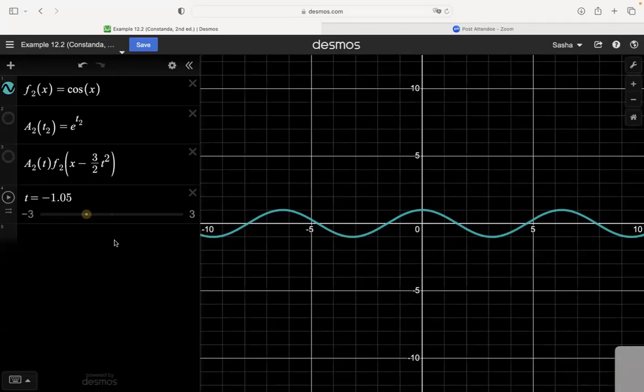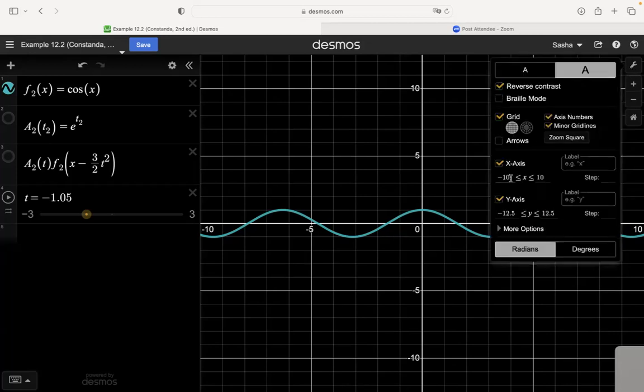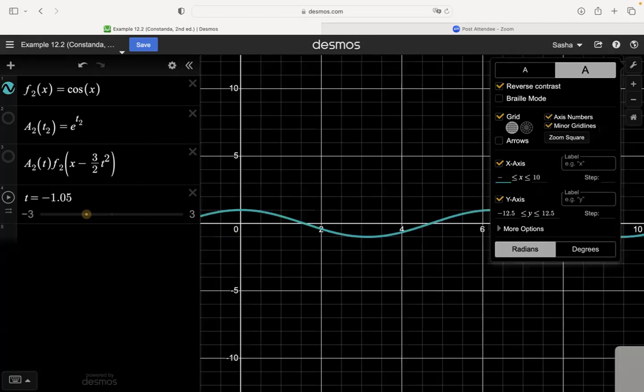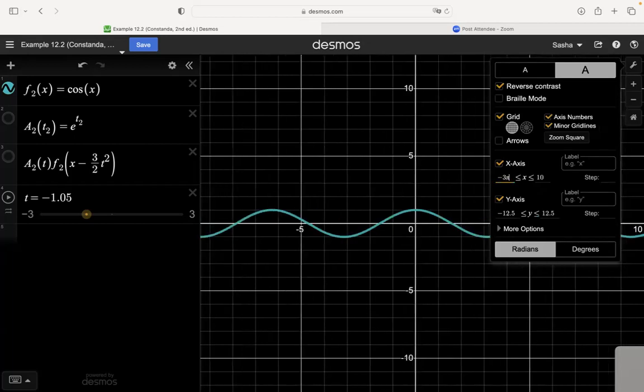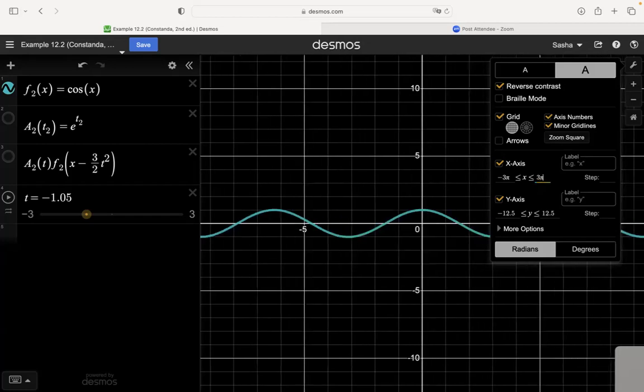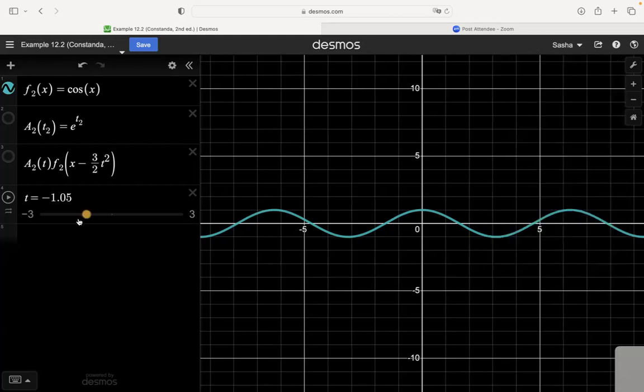Okay, so we started with this cosine graph, and it looks like this. If we want to, we can change it up a bit. Let's look at the interval from negative 3 pi to 3 pi. Okay, so we've got that.